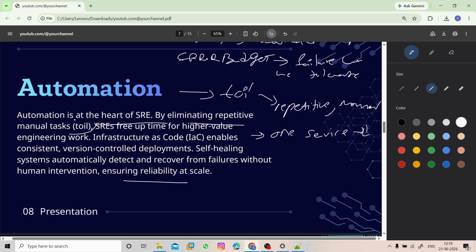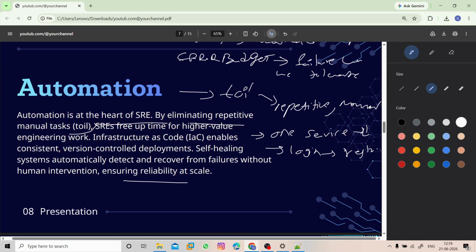What do we need to do? We need to log into the service and restart it. That is the thing we will do manually. But what does automation do? We will do the restarting automatically using shell scripts and so on.